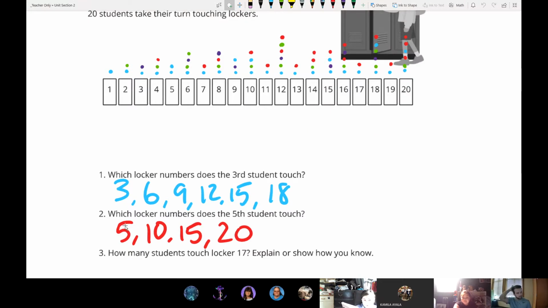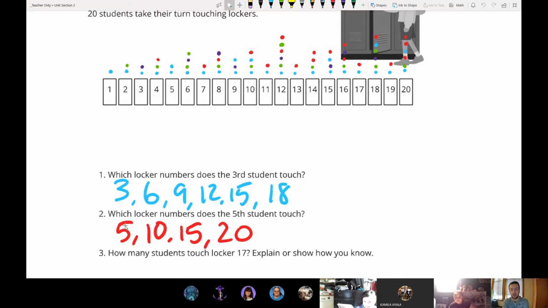Problem number 3. How many students touch locker 17? Explain or show how you know. I see Malia's hand. I want to get somebody else involved too. I see Camila's hand. I want to get somebody else involved too. I'll come back to you girls for a later question.